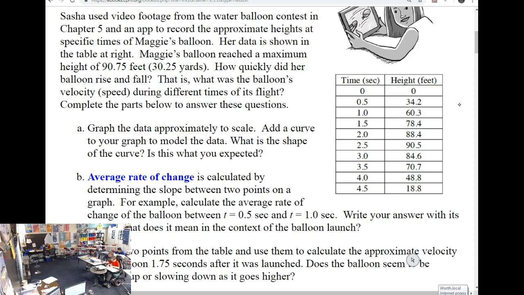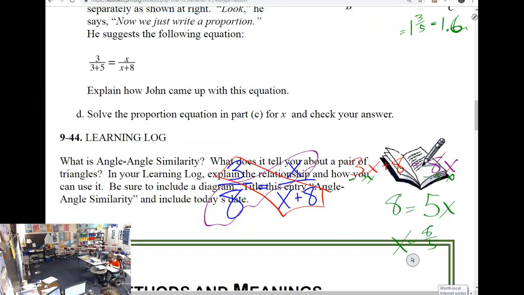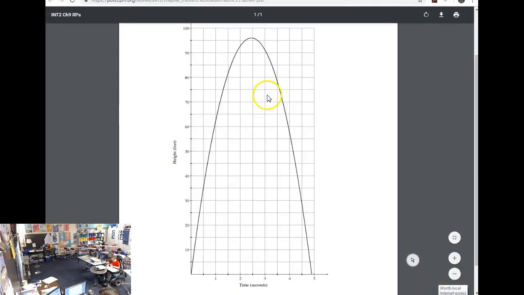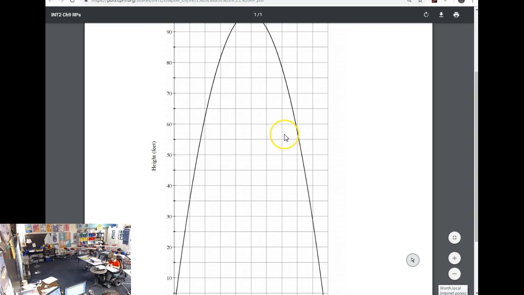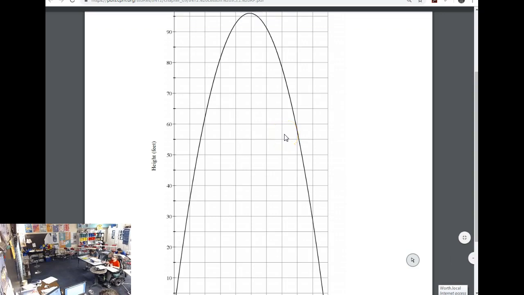We're graphing that data, and we have the maximum point. I just don't know that it's perfectly symmetrical. Well, we know when it lands at 4.8 seconds, because D tells us.